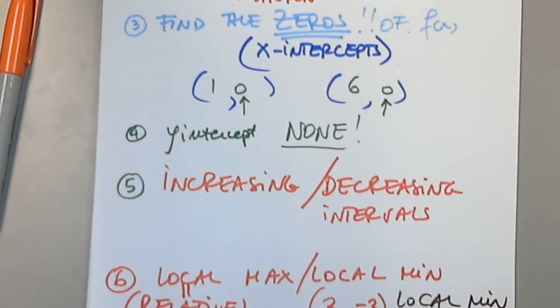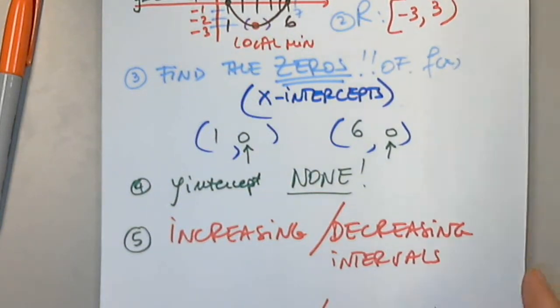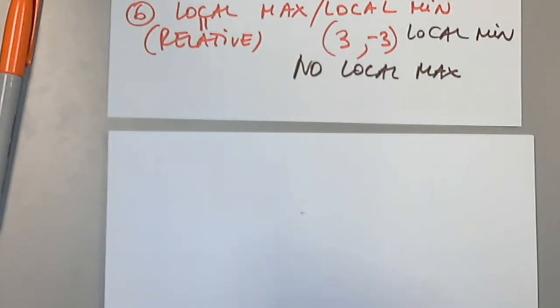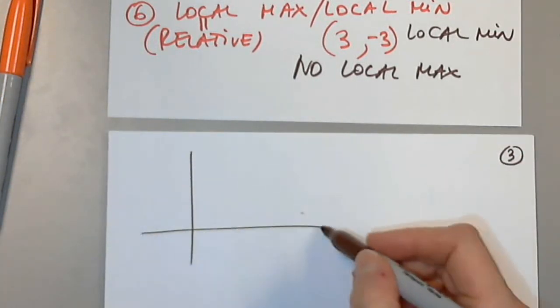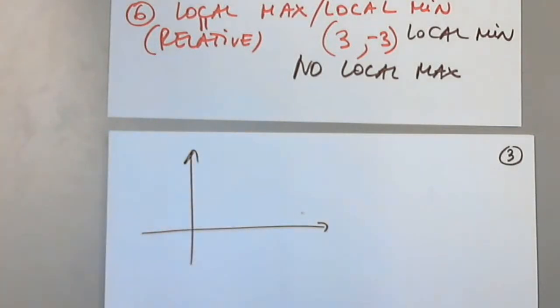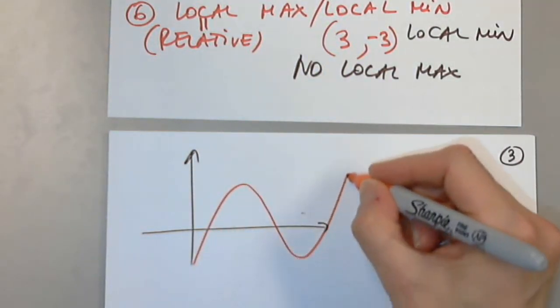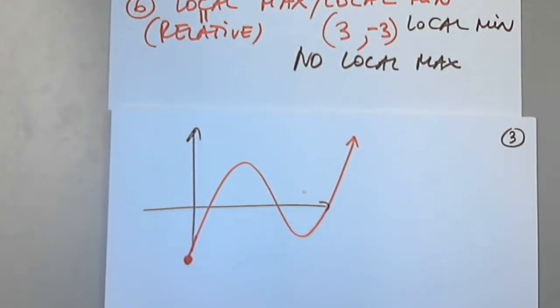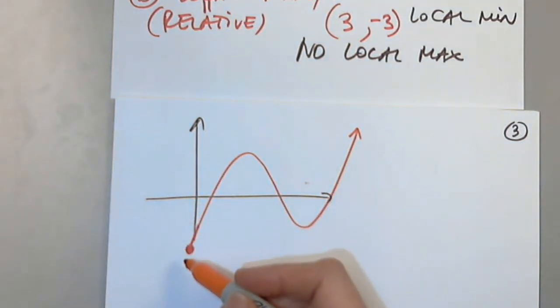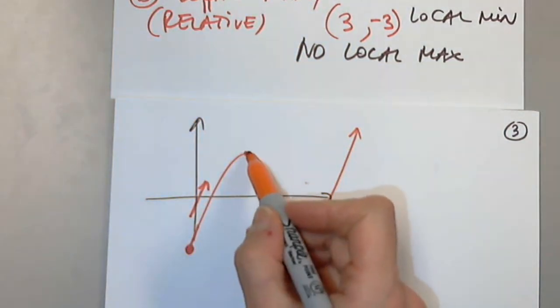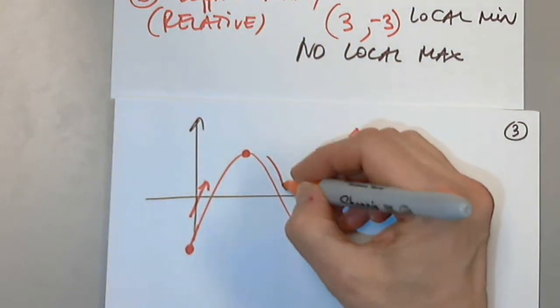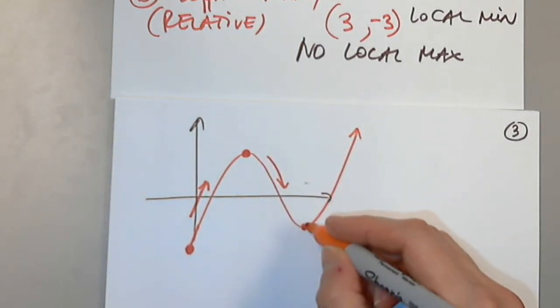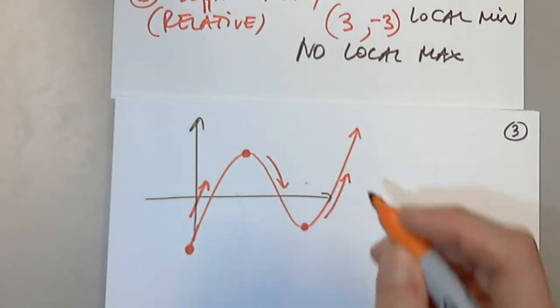So a local max exists. Let me give you an example. I think that will be better. I'm coming back to the previous graph. So let's say I have this function. Okay, so this function is increasing from this point till this point, and then it starts decreasing till this point, where it turns again and it starts increasing.